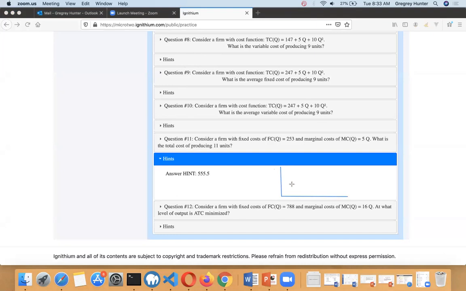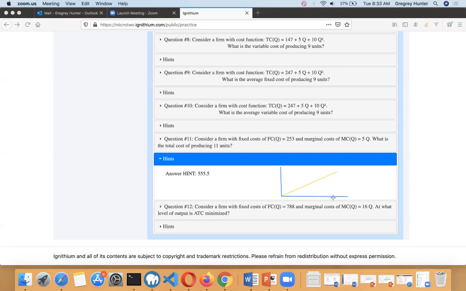You can see this is P and this is Q. And the marginal cost should look like this, coming straight out of the origin.